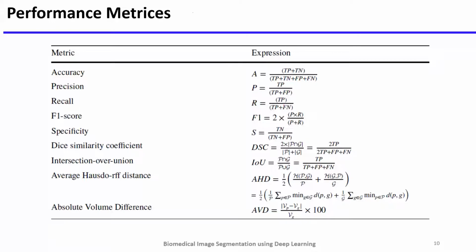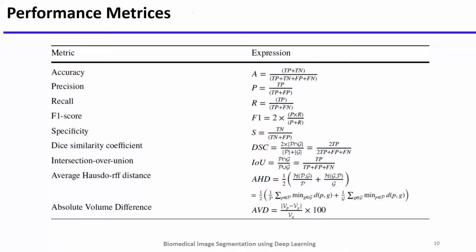The other class may have a lesser number of pixel representation in the image, so that negative class would also have recognition through our model. So specificity is very, very important to measure. And for the model, F1 score as well as specificity both should be good to measure the accuracy of the model.